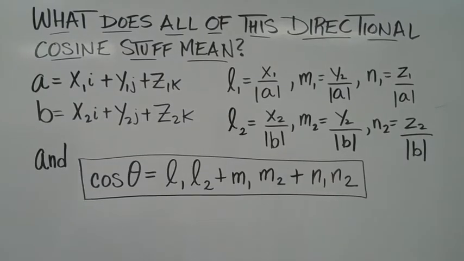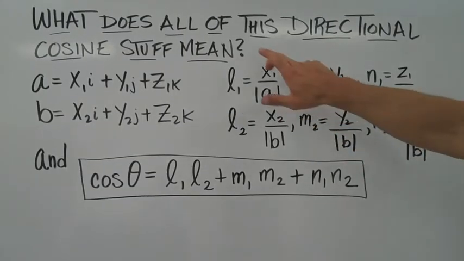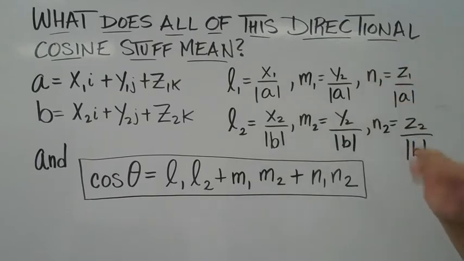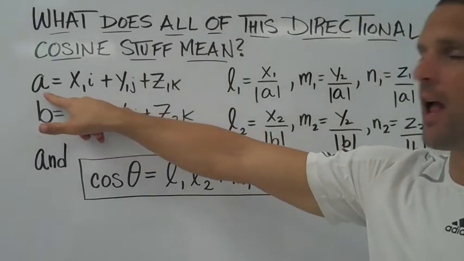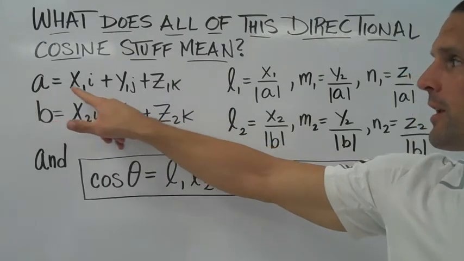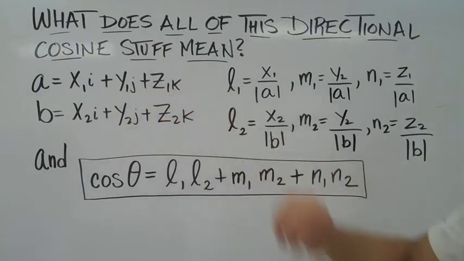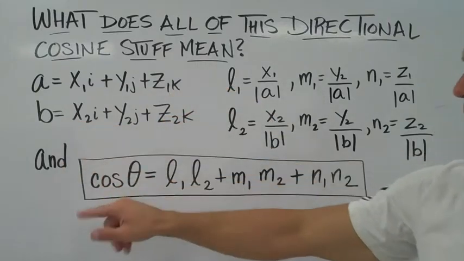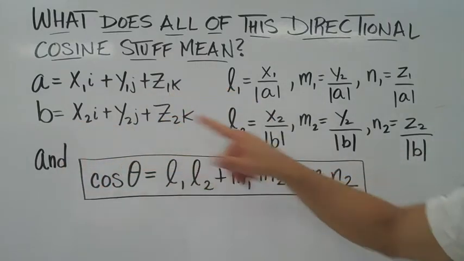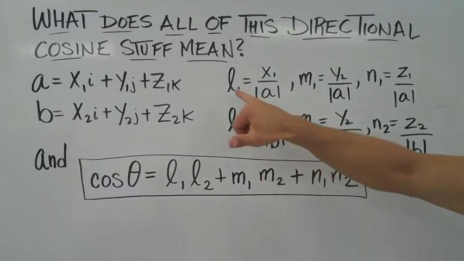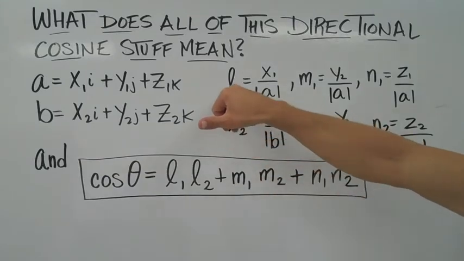We can then ask ourselves an important question. What does all of this directional cosine stuff mean? Well, if I have a vector A in 3 dimensions, call it its components x1i plus y1j plus z1k, and a vector B in 3 dimensions, x2i plus y2j plus z2k, then L is simply, if you remember, the cosine.